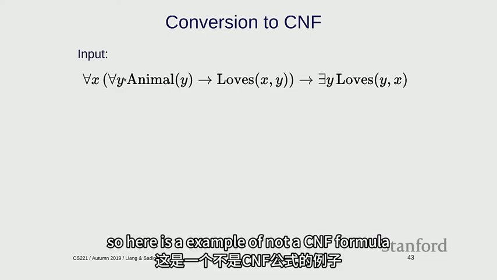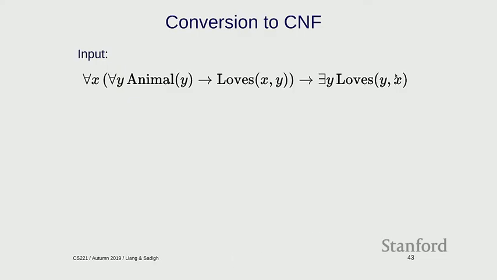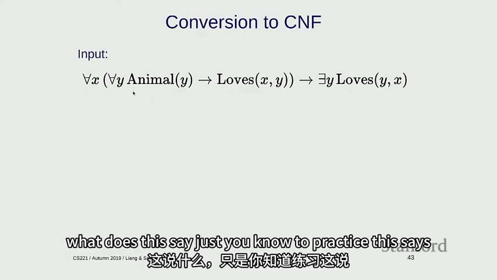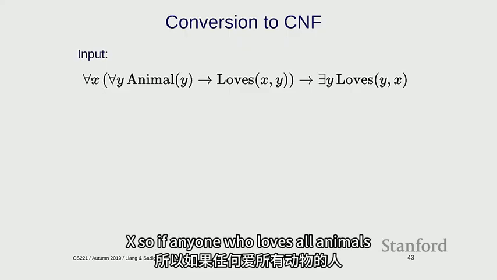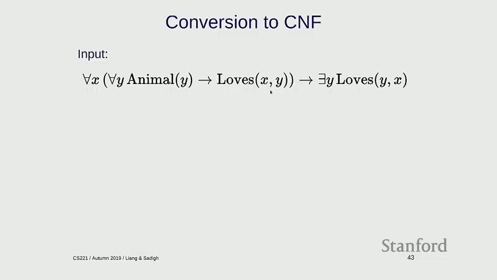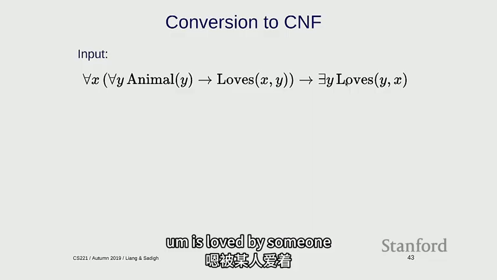So here is an example of a formula that is not CNF. What does this say? Just to practice, this says for all x, anyone who loves all animals is loved by someone.